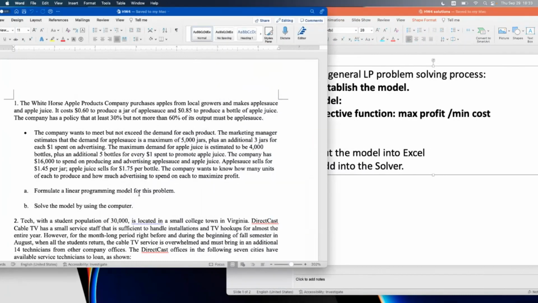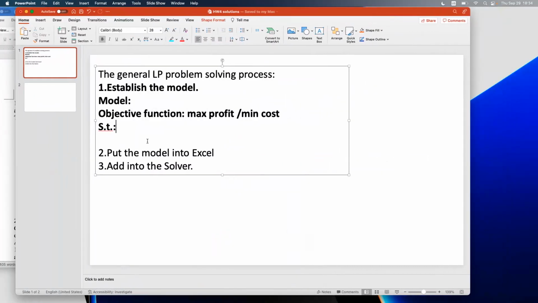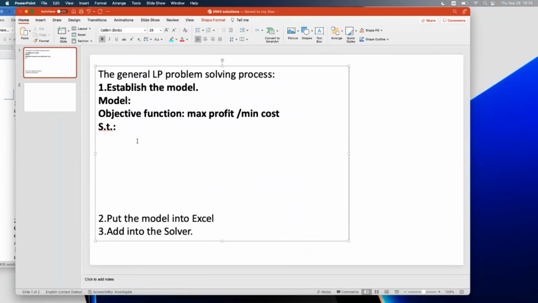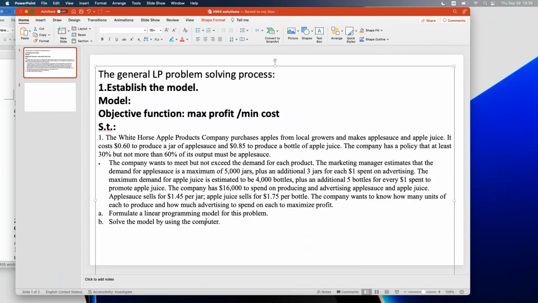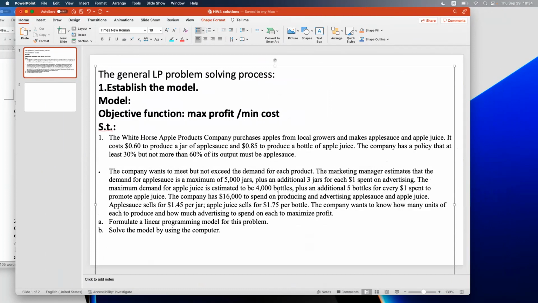Maybe I can copy and paste. I'm going to copy the whole thing and paste it to our document. Okay, for this example, we got a lot of information, and we see so many numbers: 0.60, 0.85, 30, 60, 5,000, 4,000.